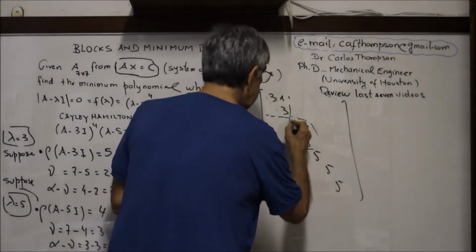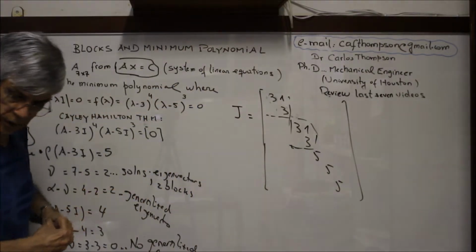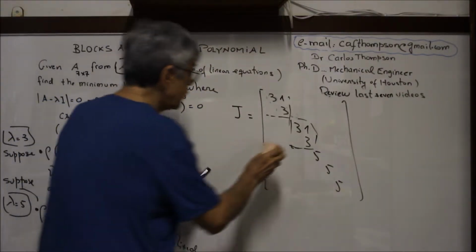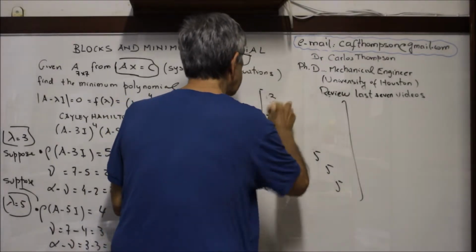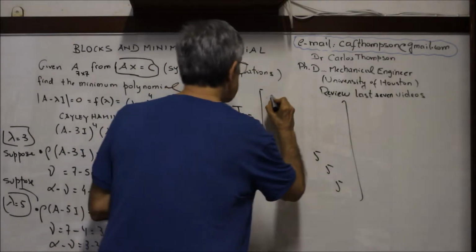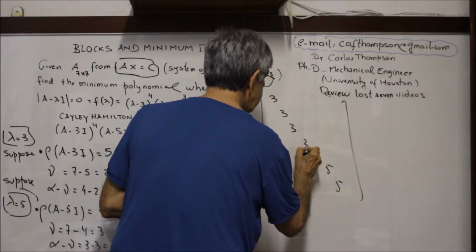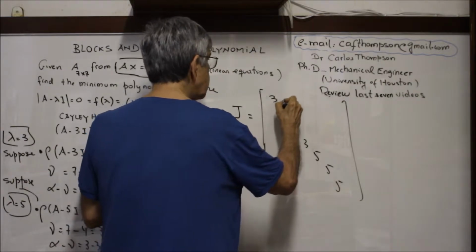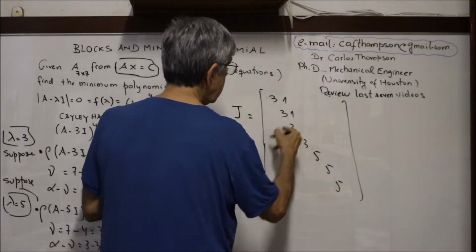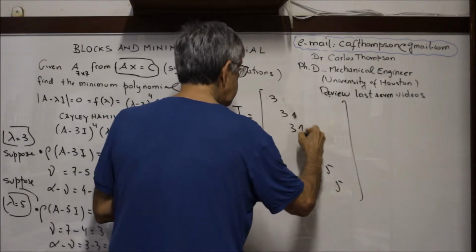I can do this, okay? I have 2 blocks. And also, for lambda equal to 3, I could have a possible J. Let's put here J, 3 and 3, okay? Now I can put one here, and also I can put another one here.